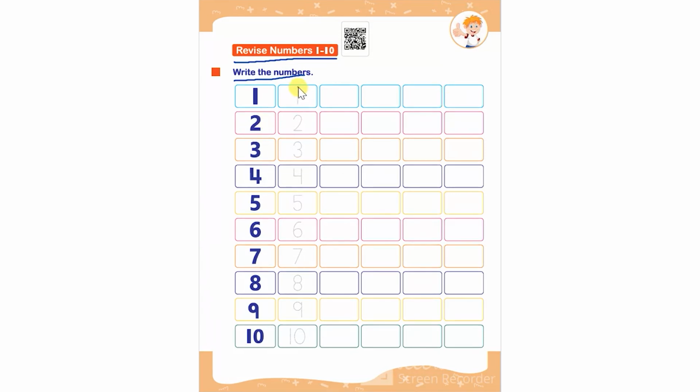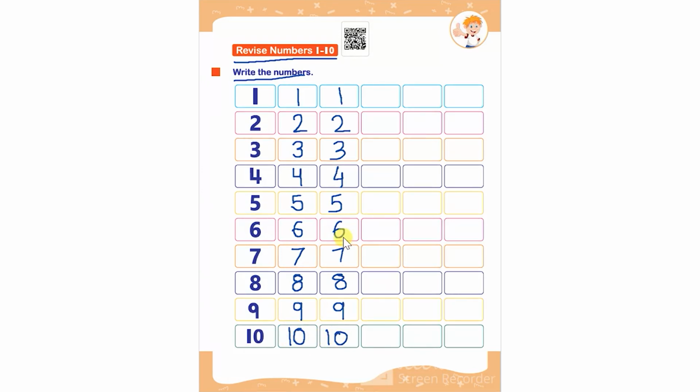So here tracing and then writing. So 1, then 2, 3, 4, 5, 6, 7, 8, 9 and 10.